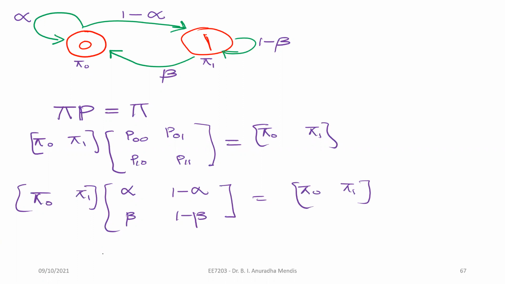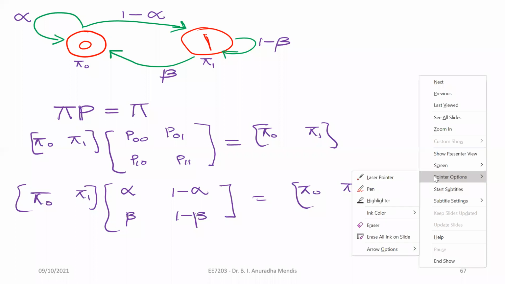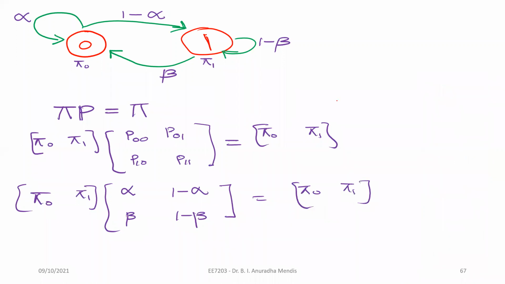So the first equation that you will end up with is alpha phi naught plus beta phi 1 equals phi naught.